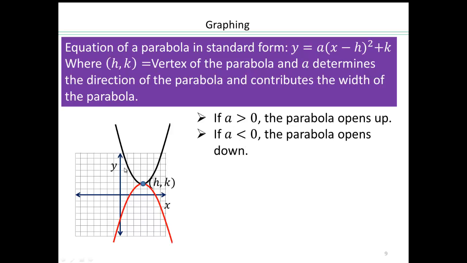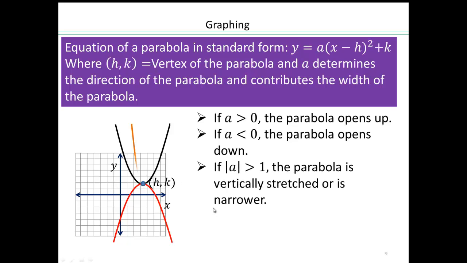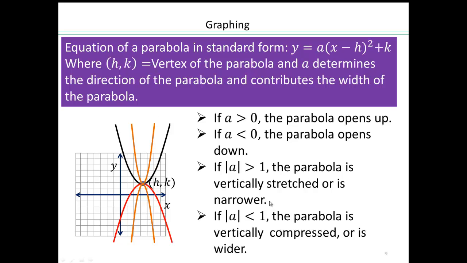If A is negative, it will be the same graph, except it will be reflected down across the line y equals k. So if you have the absolute value of A is bigger than 1, then it's vertical stretch, or it's just wider at the base, like we saw before.